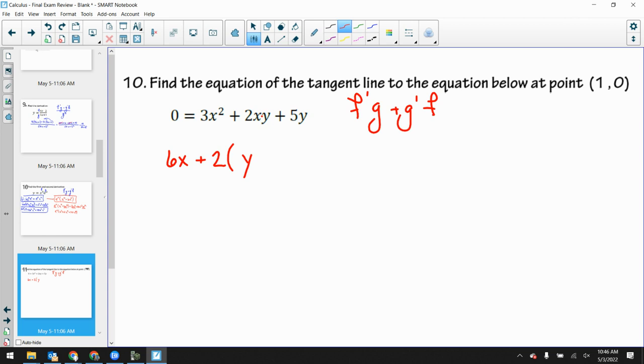Now I've got to do g prime f. G prime. Well, what is the derivative of y? Y prime. Not 1, no, because I'm taking the derivative with respect to x. So if I'm taking the derivative with respect to x on y, I have to write it as a y prime. So plus y prime, and then f, so x.